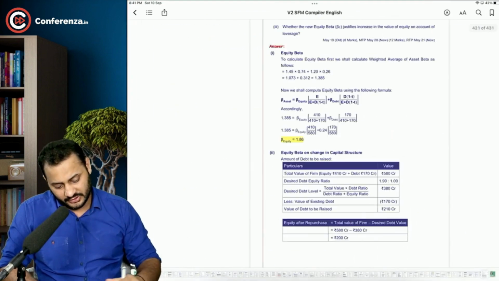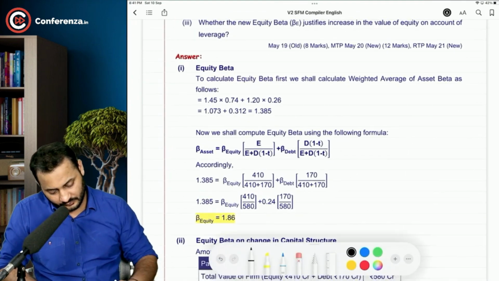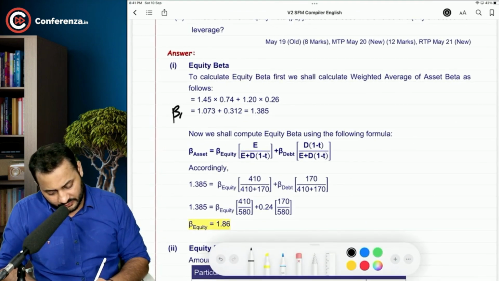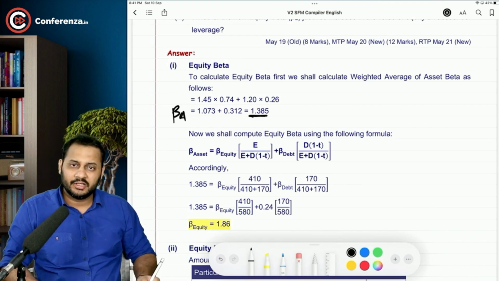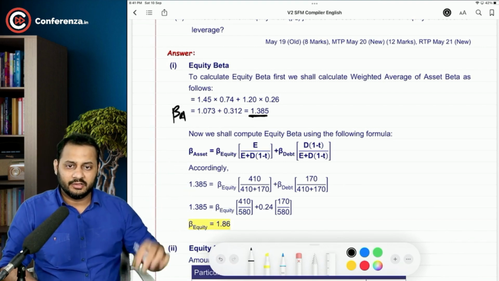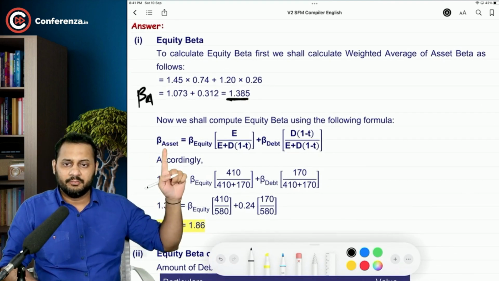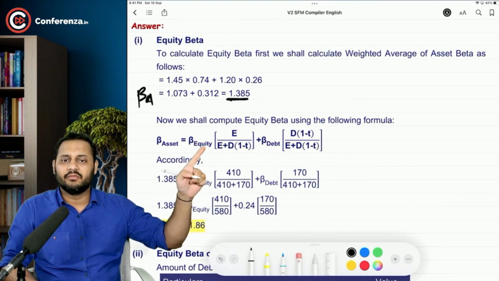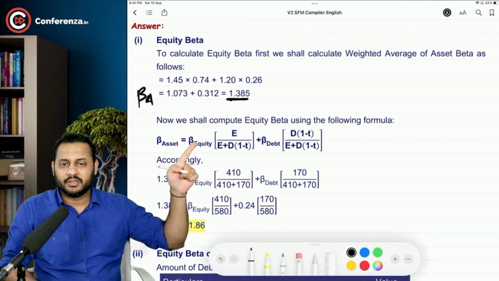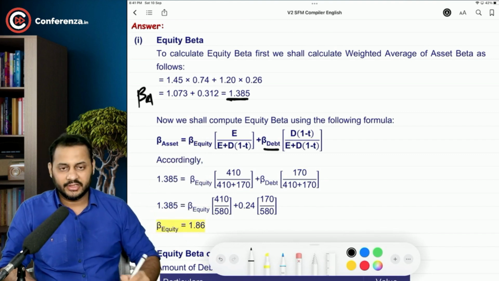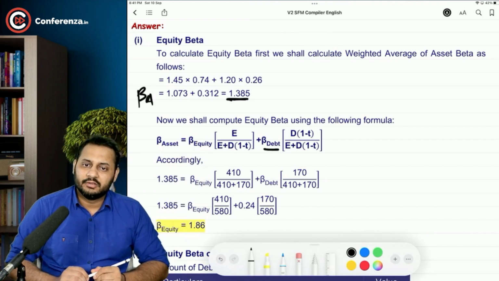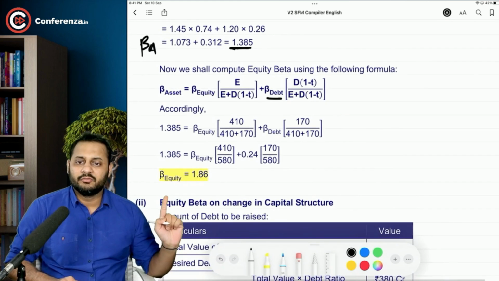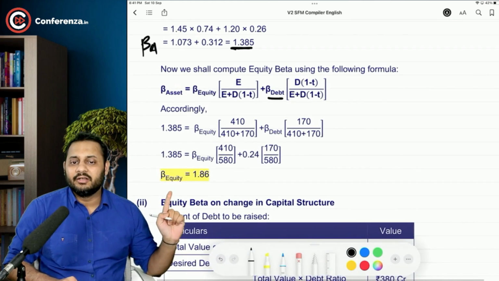So let's have a look at the answer first. This is the beta of the asset, weighted average 1.385. Look at the formula. Beta of the asset is equal to beta of equity into equity by total capital, plus beta of the debt into debt by equity plus debt. Accordingly, beta of the equity comes to 1.86.